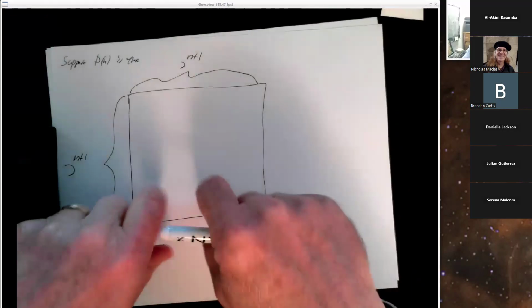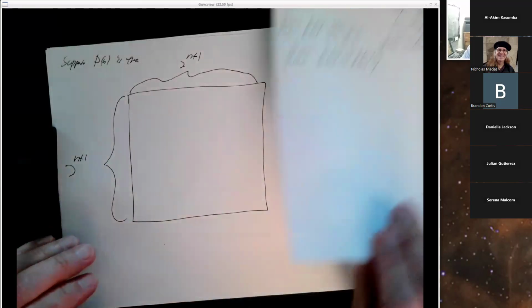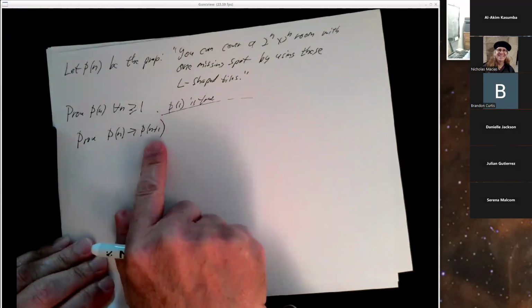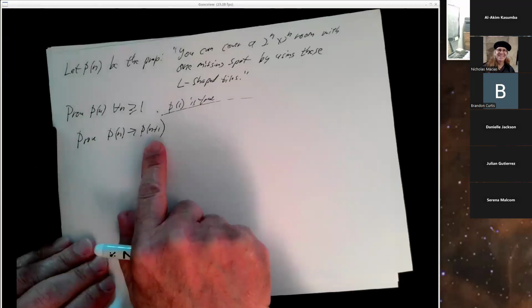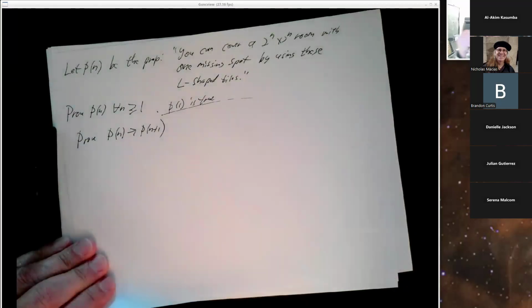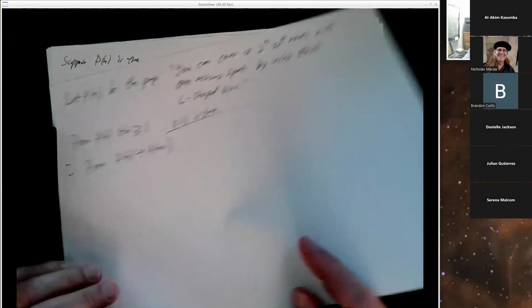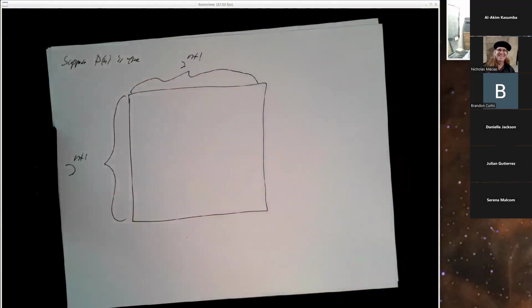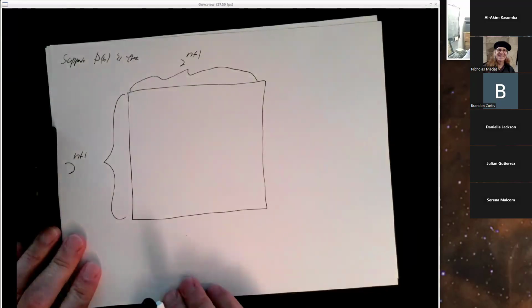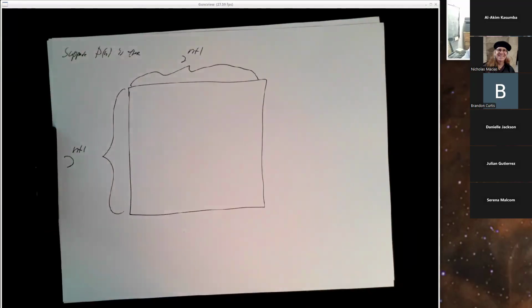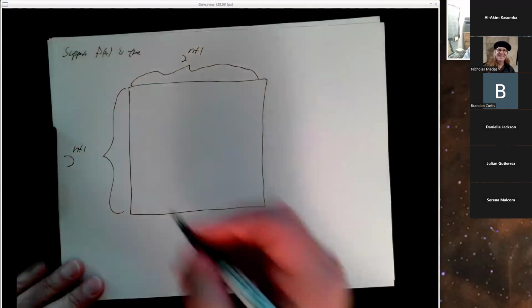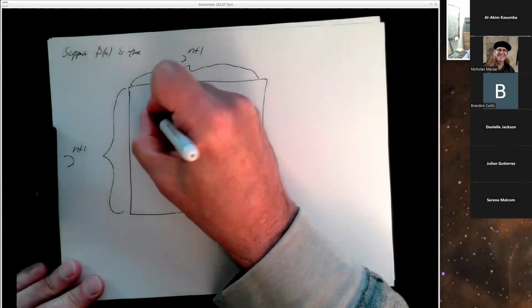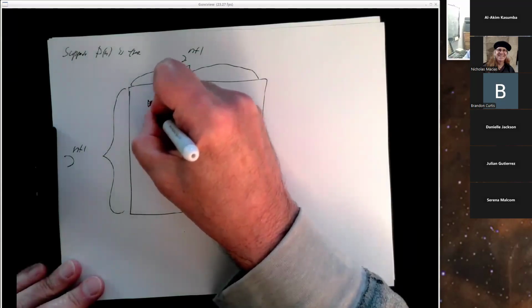If we can show that this can be tiled with the L-shaped pieces, then we'll have shown that P of n plus 1 is true, and then we can use mathematical induction and claim P of n is always true. So I need to tile this bigger room. Oh, and there's a missing square somewhere, remember. So, I don't know, I'll just randomly pick a square right here that's going to be missing.